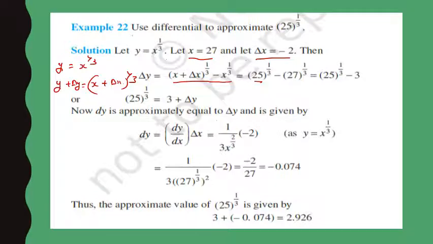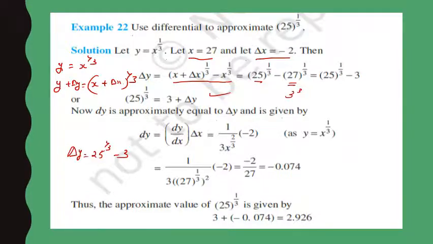So 27 raised to 1 by 3, 27 is 3 cube, so 25 raised to 1 by 3 minus 3. So 25 raised to 1 by 3 is 3 plus delta y.